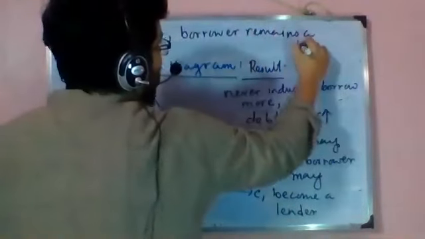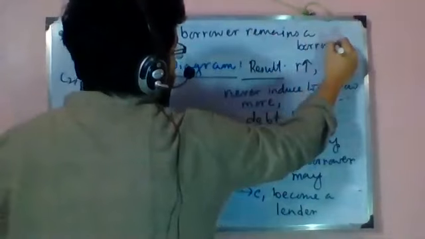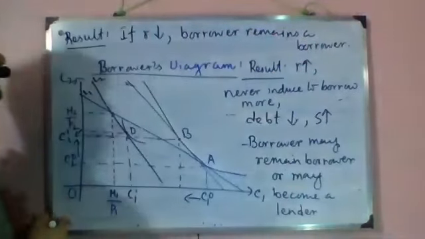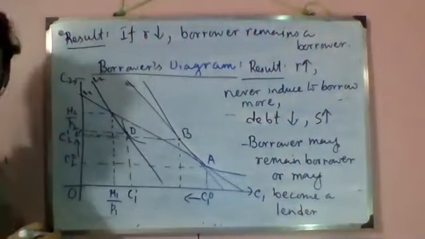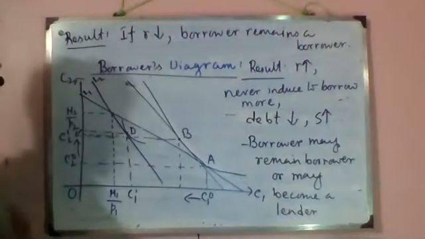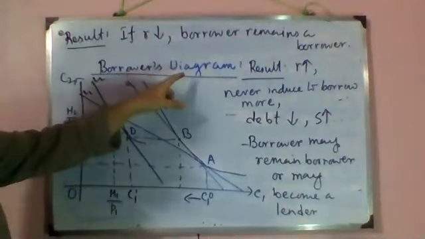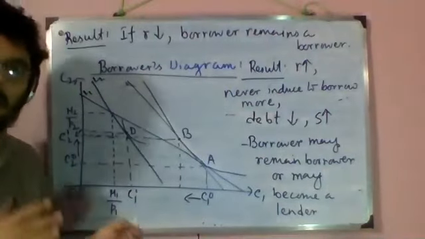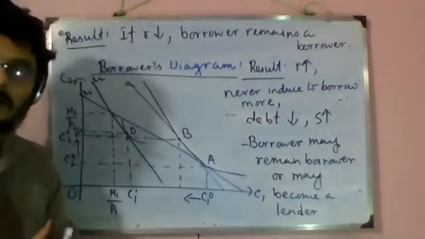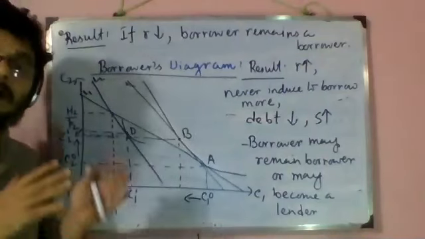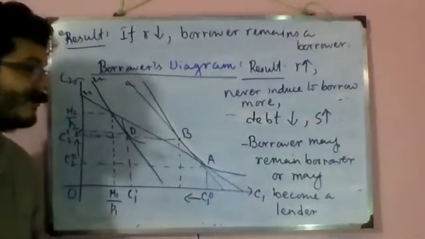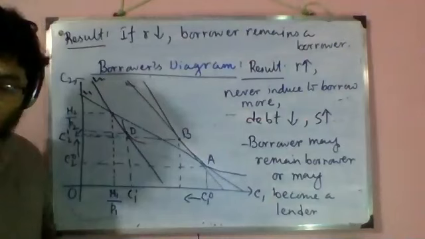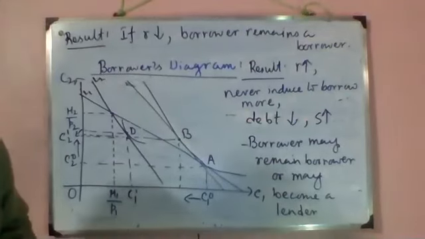So the borrower will be actually happy, right? So this is analogous to the first case of lenders. But for the lender, if R reduces, then the lender may remain a lender with some reduced lending, or if R reduces further, the lender, who knows, may decide to become a borrower. Okay.